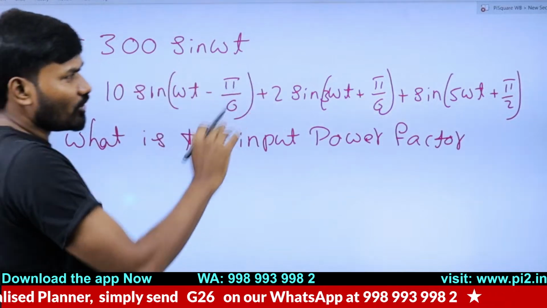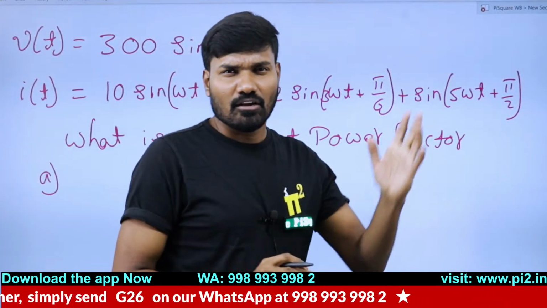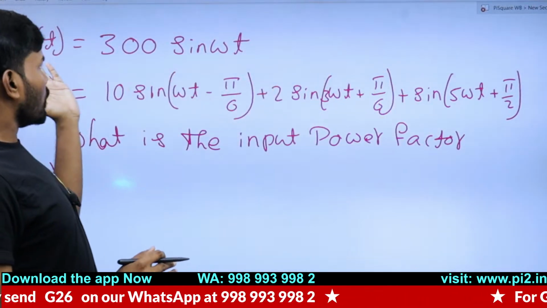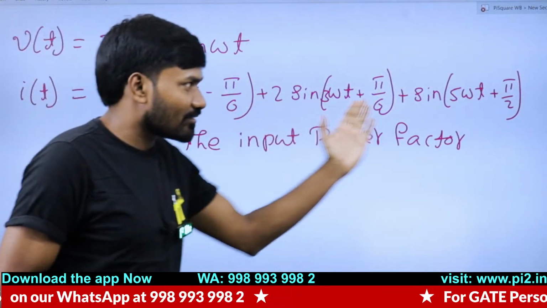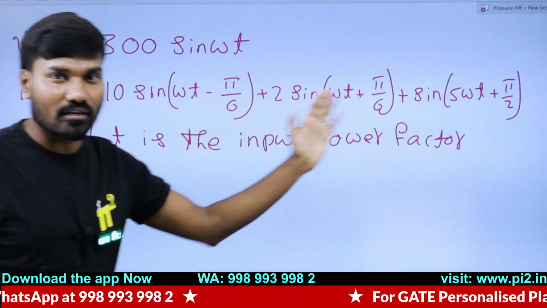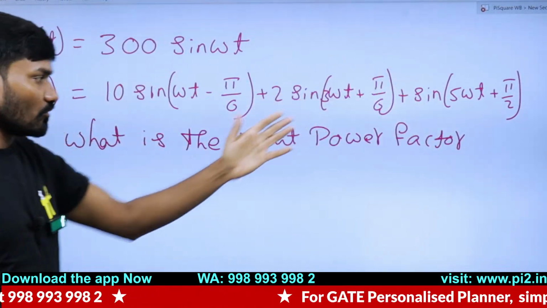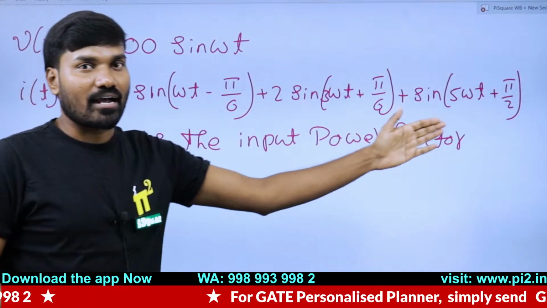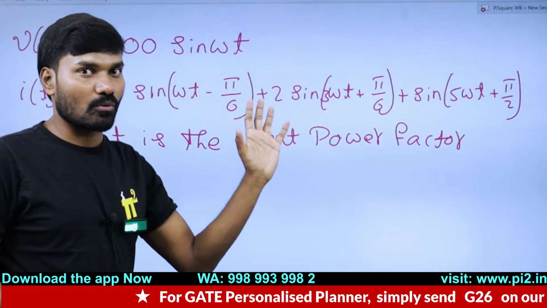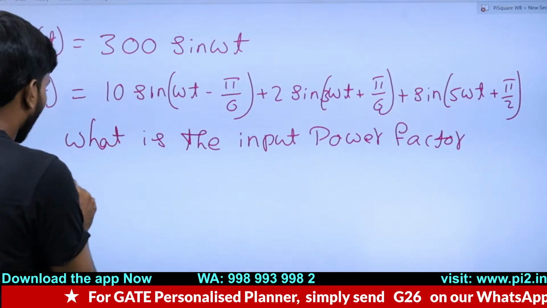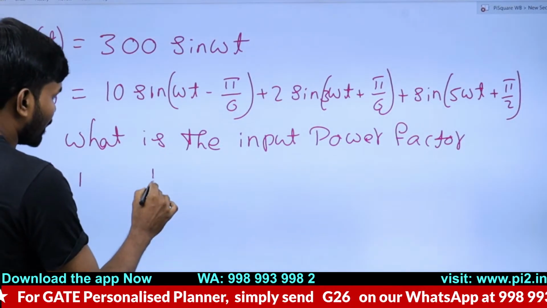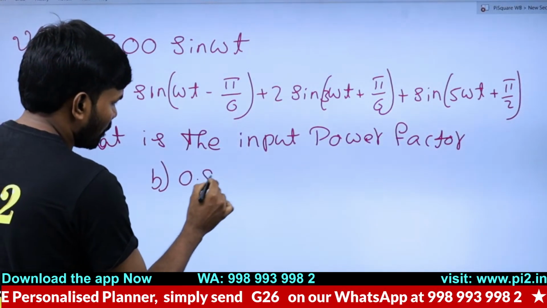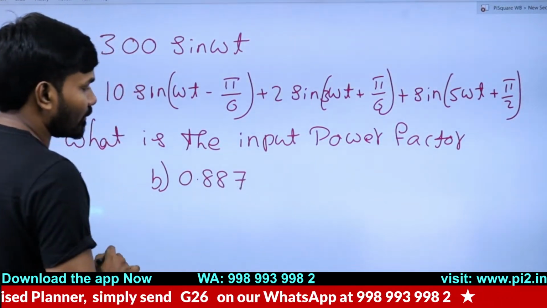For a power electronic converter, the input voltage and input current are like this. This is the input voltage, this is the input current. Now, what is the input power factor for this converter? That's the question. Option A is unity power factor. Option B is 0.887 power factor.